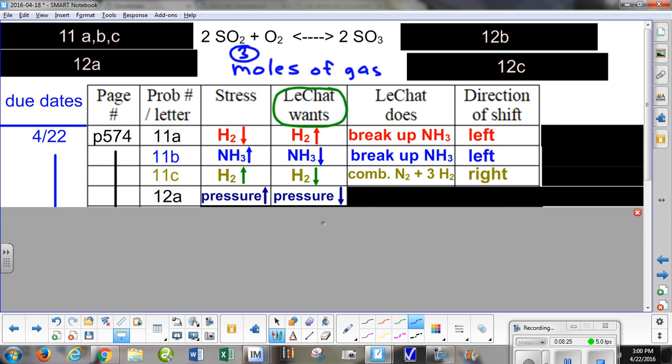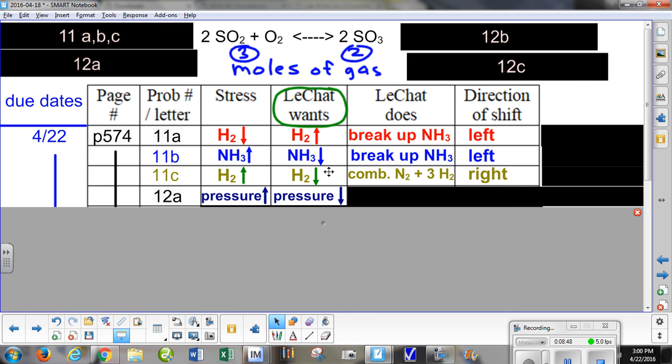How many do we have on the right? 2. Okay, so if I have more moles, what's going to happen to the pressure? The left side is the more mole side. So if I shift left, I'm going to make more moles.